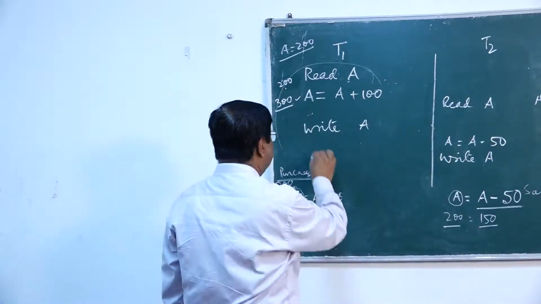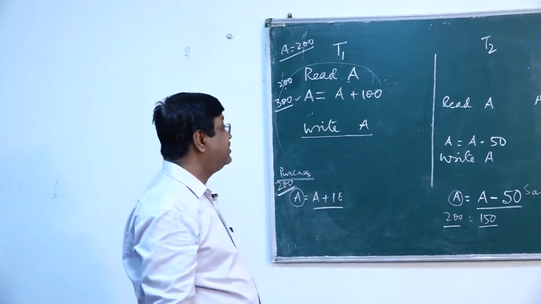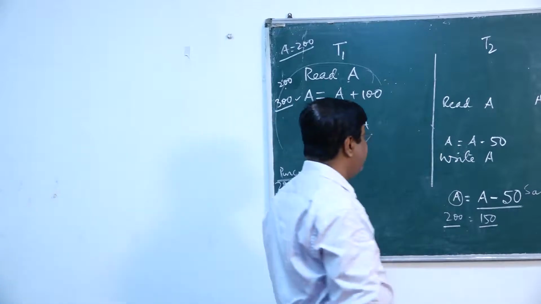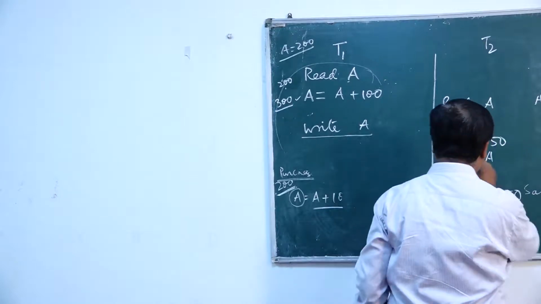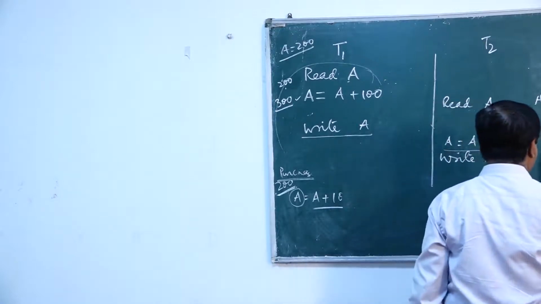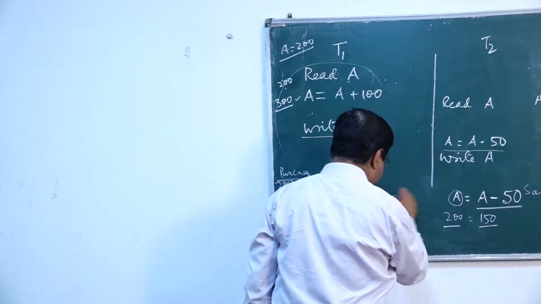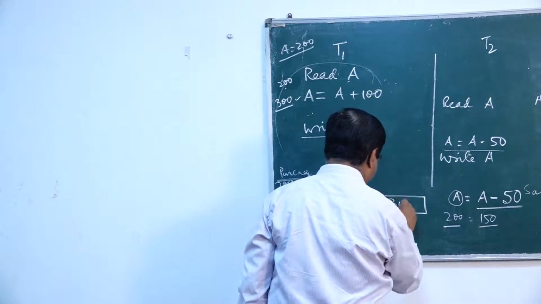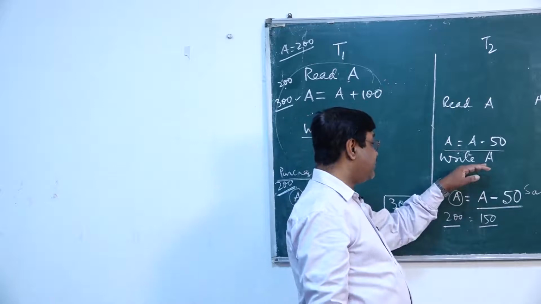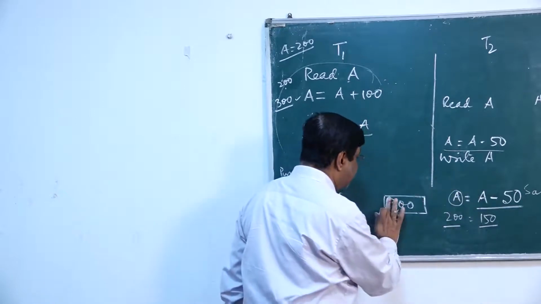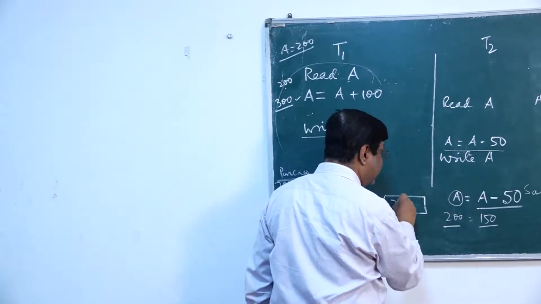Then the processor comes back to T1 and writes 300 into the secondary memory. After this, the processor comes to T2 and calculates A as 150 and writes it. Say this is the secondary memory and here 300 is written by transaction T1. After executing this statement, this value would be wiped out by transaction T2, and here it would write 150.